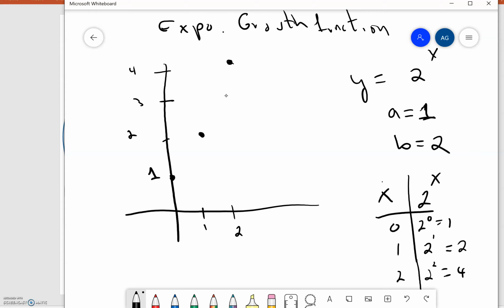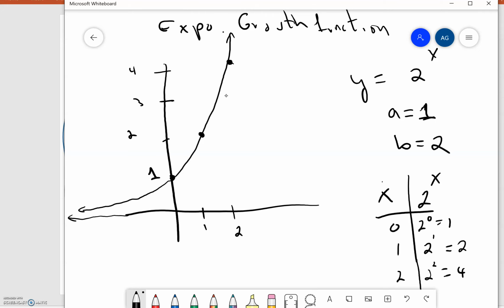So what you should see here is something like that, and this is going to keep on happening. If I put in 3, I would get 2 to the 3rd power, which is 8, right? And as we move to the left, what you will see is a function that looks like that.